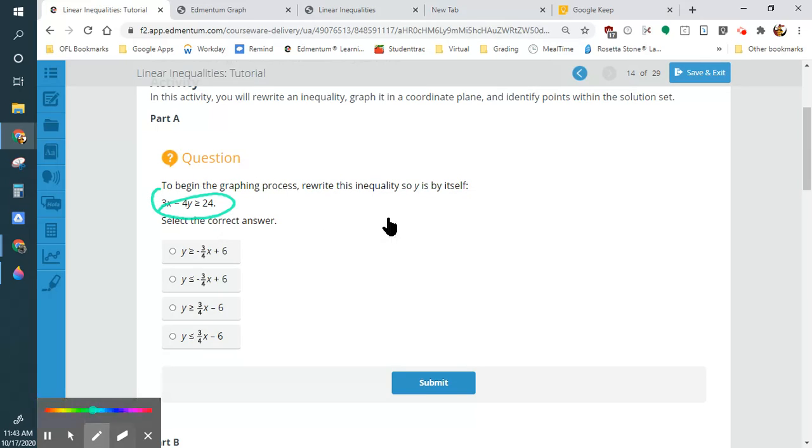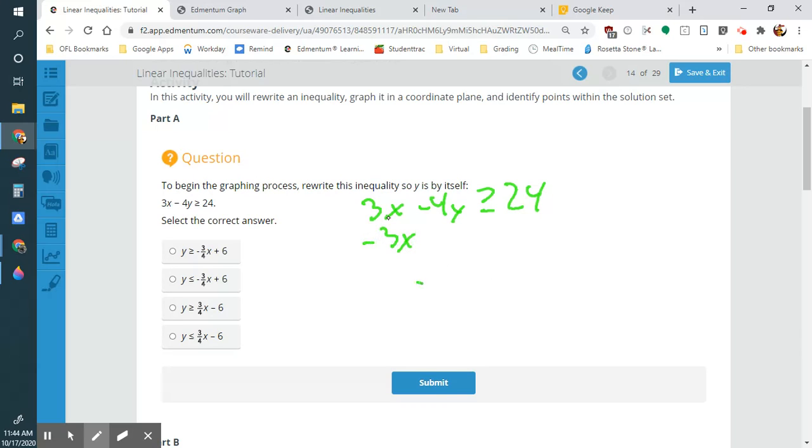So first things first, we want to rewrite it. I was going to try to write under it, but that would be way too messy. So I'm going to write this as 3x minus 4y is greater than or equal to 24. So the first thing I'm going to do is subtract this 3x from both sides. So I get negative 4y is greater than or equal to negative 3x.